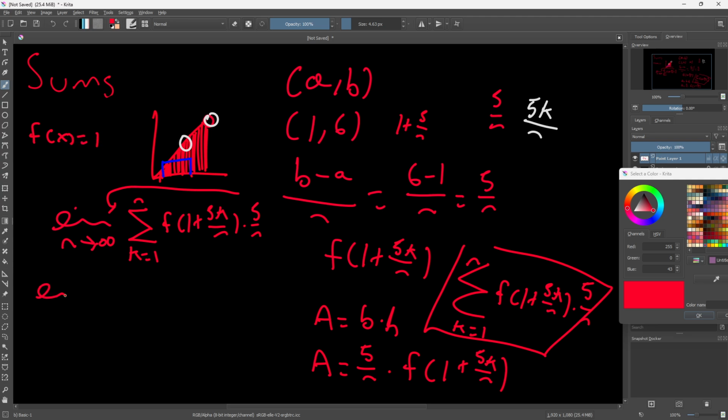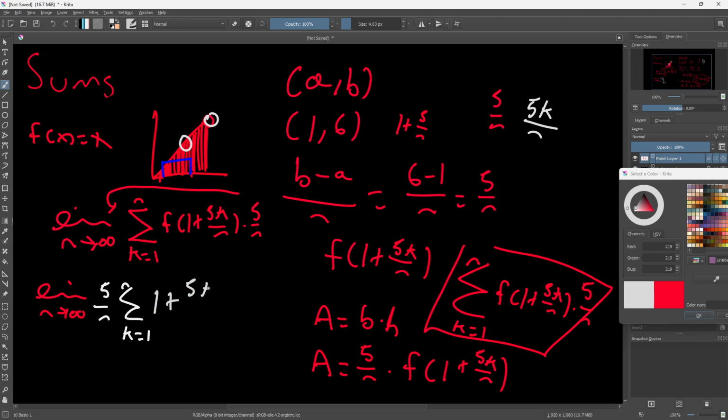So then you'd substitute for x, and it would be the limit as n goes to infinity of 5 over n times the sum from k equals 1 to n of 1 plus 5k over n.